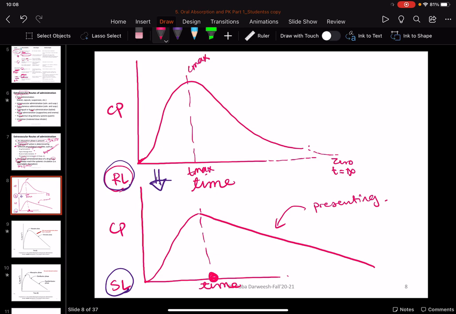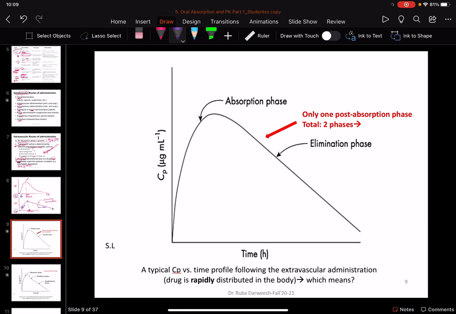Your terminal phase, or in this case, the elimination. If you have two phases, let's say here, the absorption phase, which is represented before the Cmax, and the elimination phase after the Tmax or Cmax, and the profile is shown as linear, then you are talking about an example which is similar to whatever you have here in this slide.